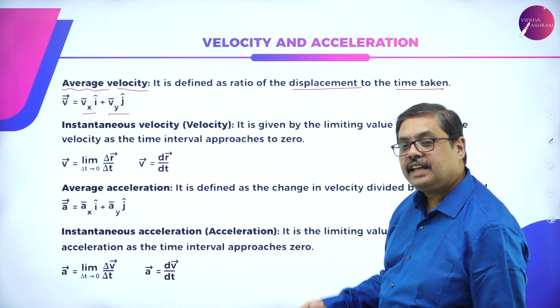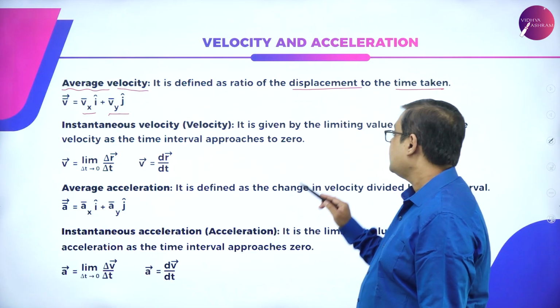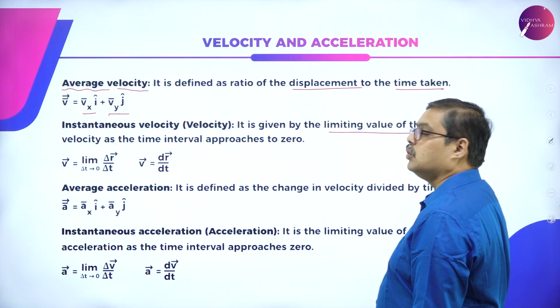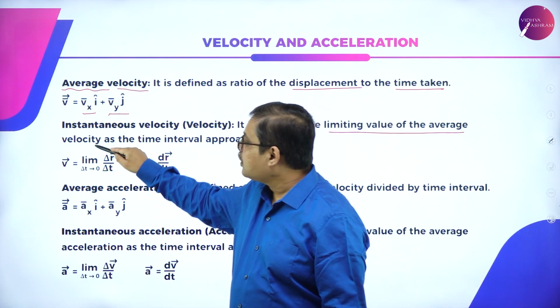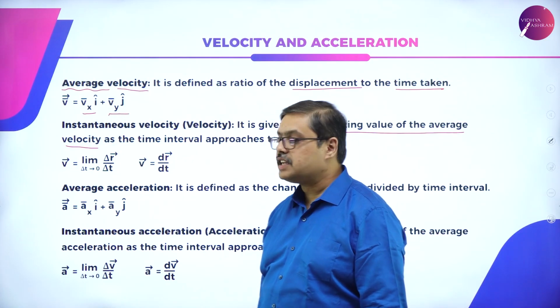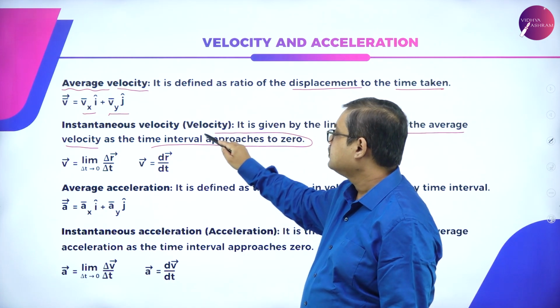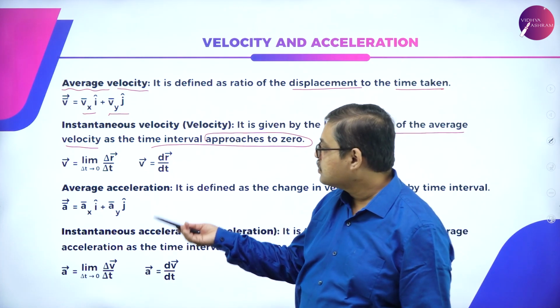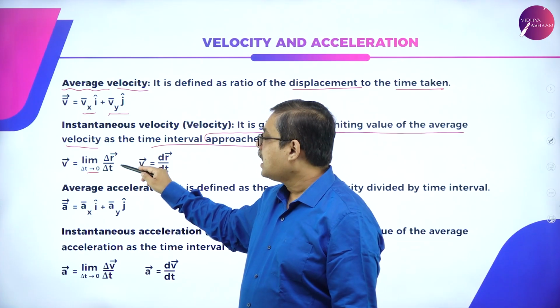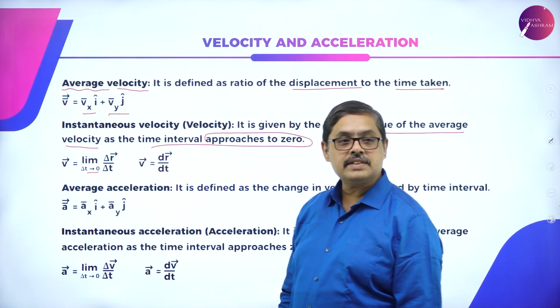What is instantaneous velocity? Mathematically, instantaneous velocity is the limiting value of the average velocity as the time interval reaches 0. As delta t tends to 0, the limiting value of delta r by delta t will give me instantaneous velocity.